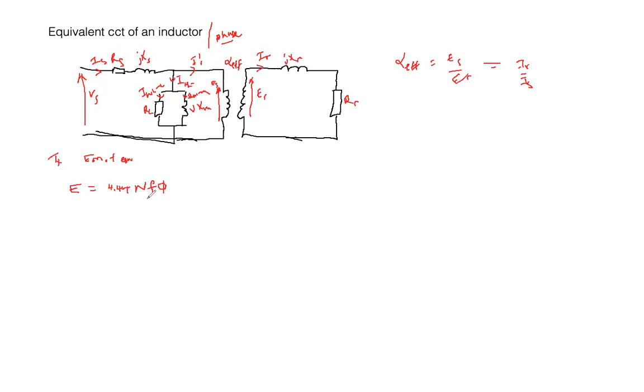If you still remember this, what else did I leave out here? It's still fine. I think this is the formula. It's just maybe the arrangement, but that is the transformer EMF equation.